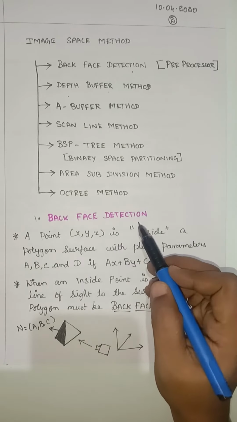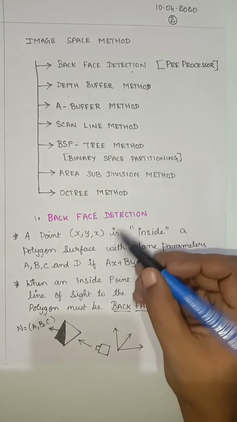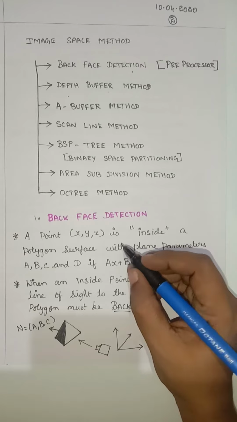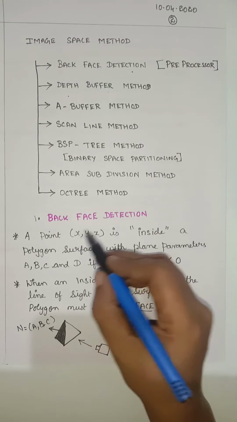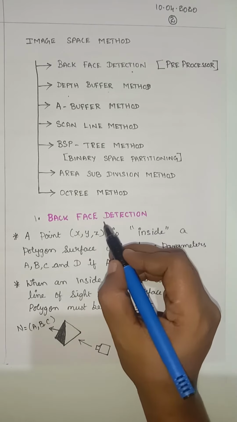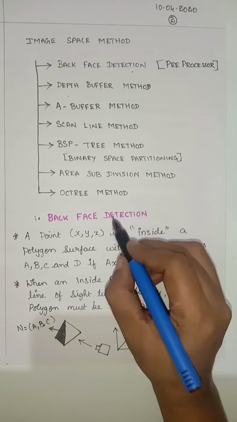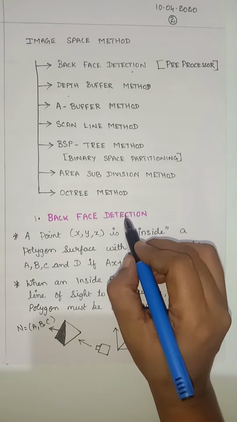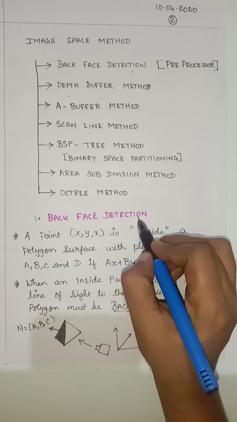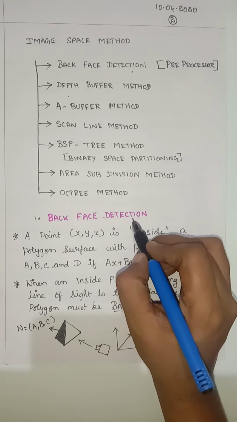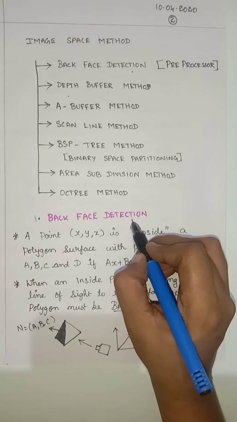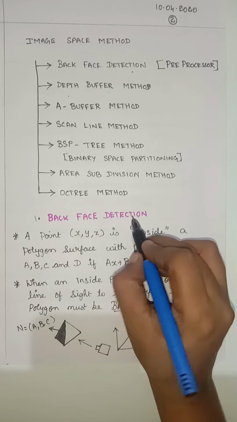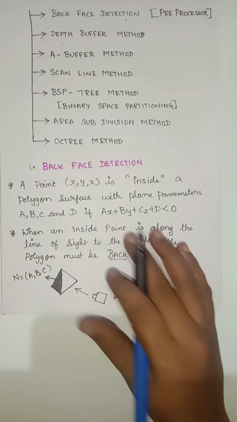The first method is called the back face detection method. What is back face detection? Let us consider an object. The back side of an object is called the back face, and detecting such a back portion of an object is called back face detection. It is usually a hidden surface, so it is not visible at all. So the visible surfaces should be identified by eliminating back faces.